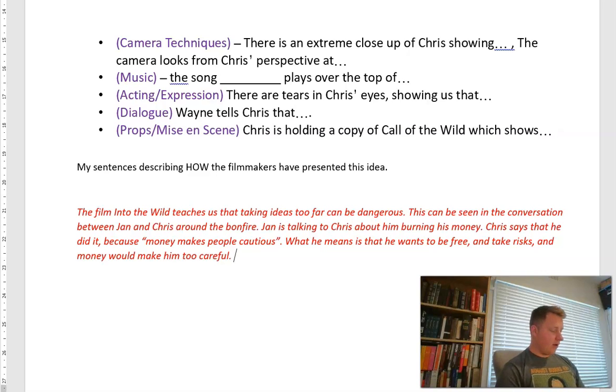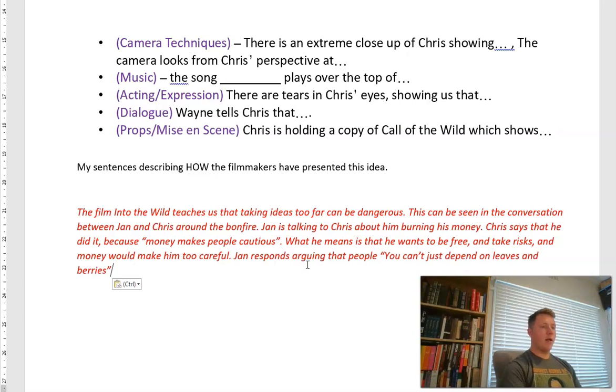Next, I want to have a look at what Jan says about the leaves and the berries. So Jan responds arguing that people can't, whoops, I could even put the quote in here, that you can't just depend on leaves and berries.